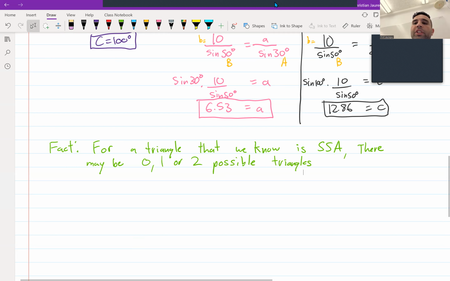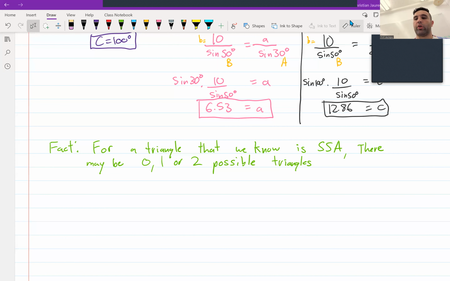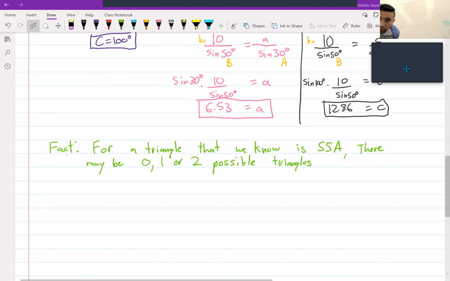And I'll show us a picture here on the board so that makes a little bit of sense. All right, so let's look at this on the board. Hopefully we can see that picture decently well. Maybe I'll make the lines a little darker.